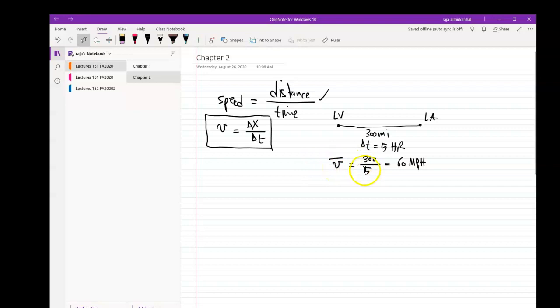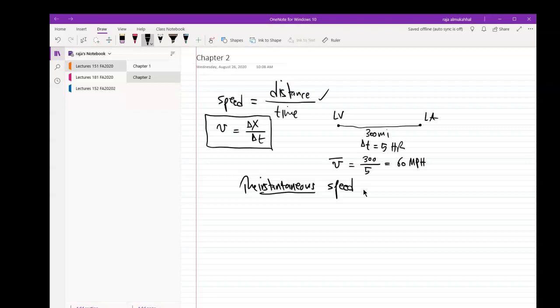Another thing is, let's say I'm interested in what is called the instantaneous speed, kind of a big mouthful word, instantaneous. What that means is the following.